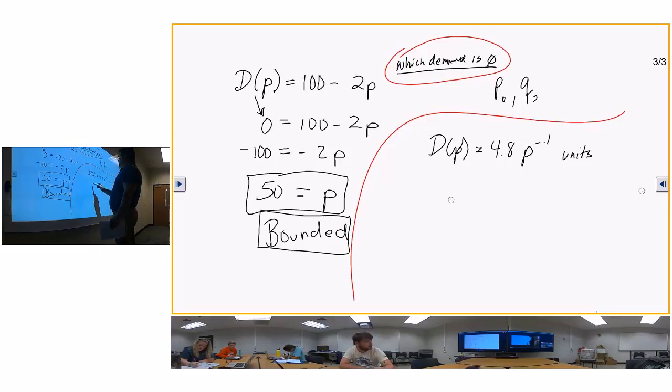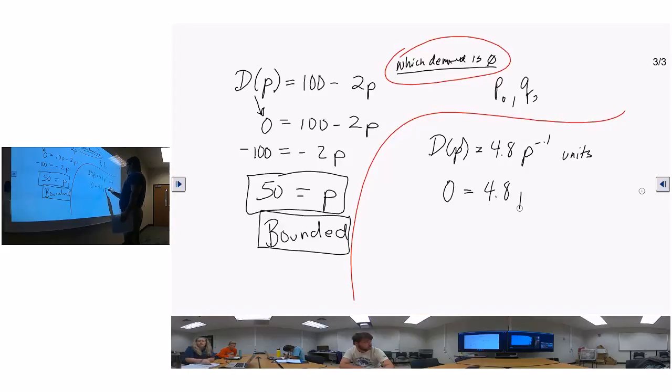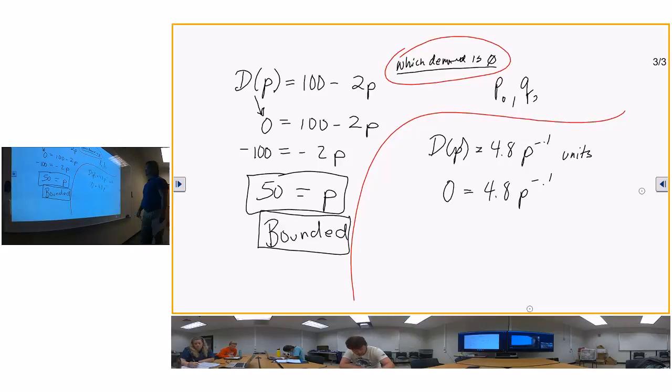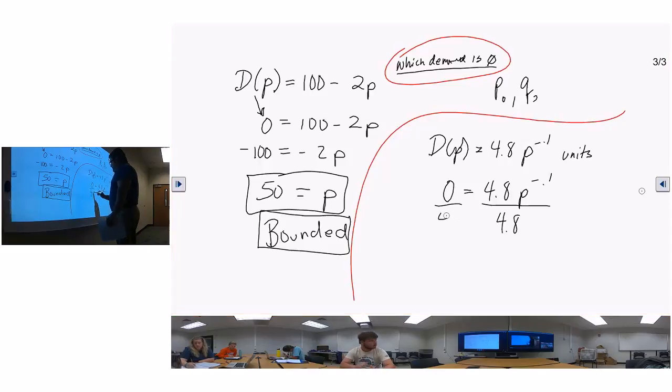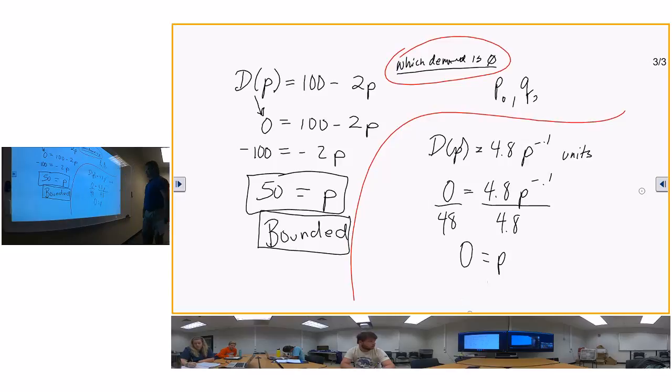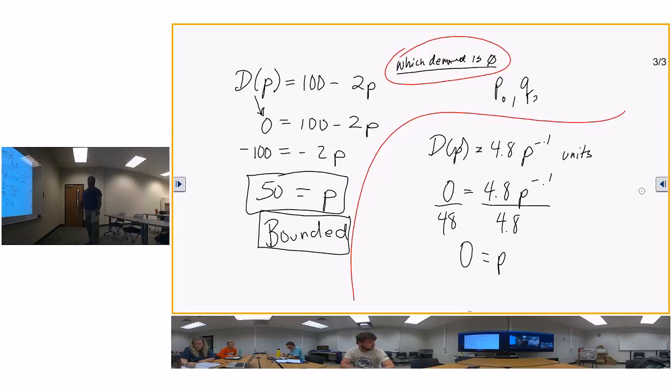So 0 is equal to 4.8 P to the negative 0.1. You divide by 4.8, and the price is going to be equal to basically 0. So this would be unbounded. The reason it's unbounded is because you're not going to make something for nothing, no matter how many you want to supply. So this means unbounded.